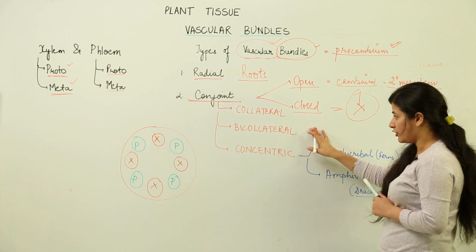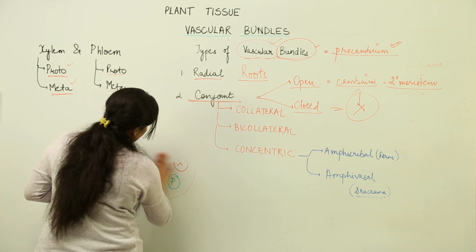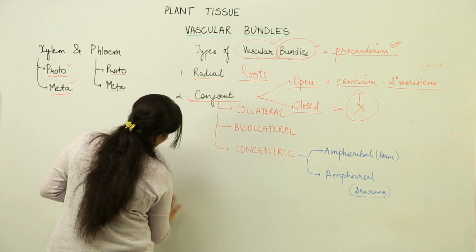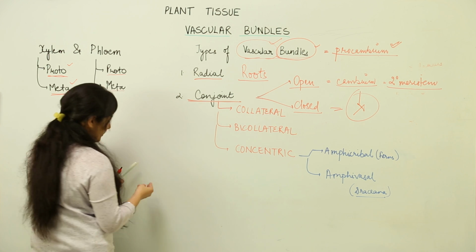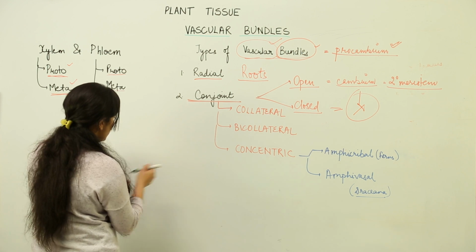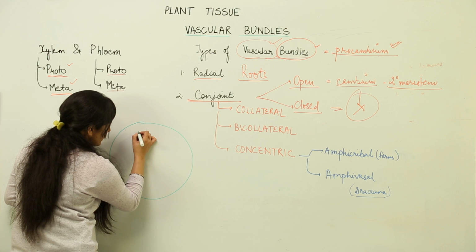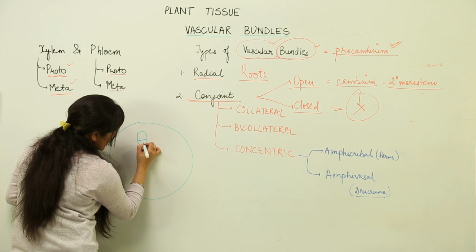Only xylem and phloem. Now let us see how a conjoint vascular bundle looks like. This is actually a paired condition. This actually is a bundled condition instead of the radial one. Suppose this is your stem, and over here we are having xylem.